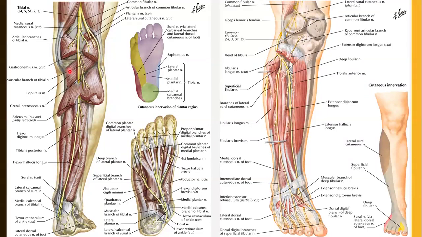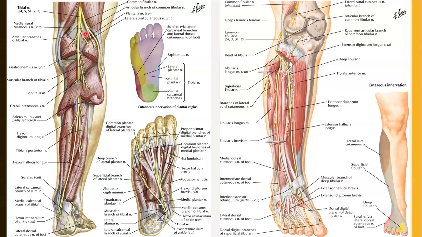So the tibial nerve runs in the posterior aspect of the leg, supplying the posterior compartment of the leg, and gives multiple sensory branches, eventually reaching the sole of the foot through the tarsal tunnel. The tibial nerve supplies, therefore, the plantar flexor compartment of the leg, as well as the plantar aspect of the foot in terms of the motor distribution.